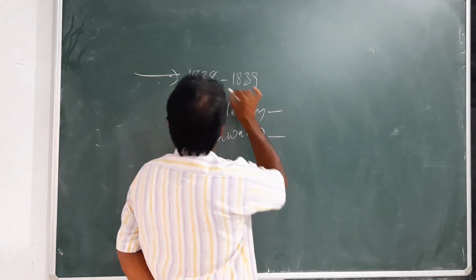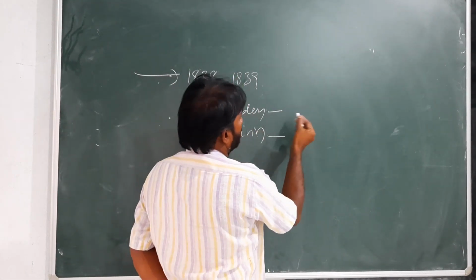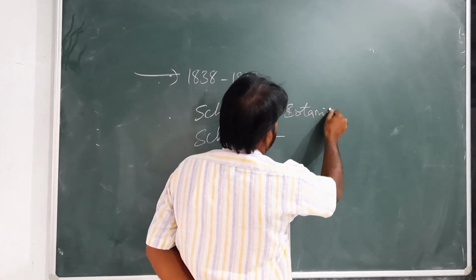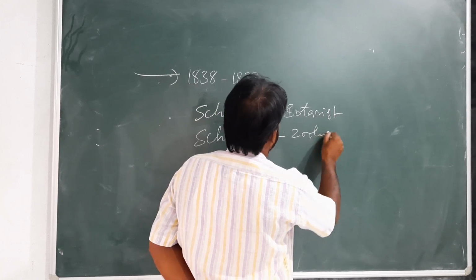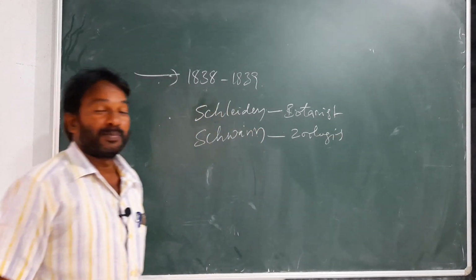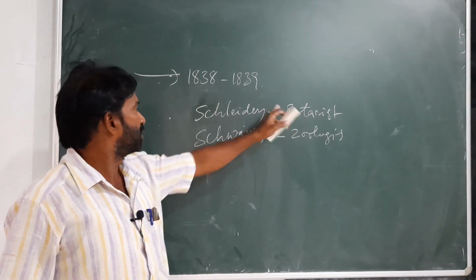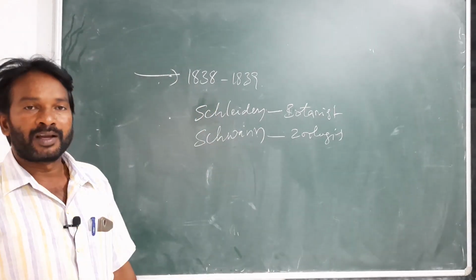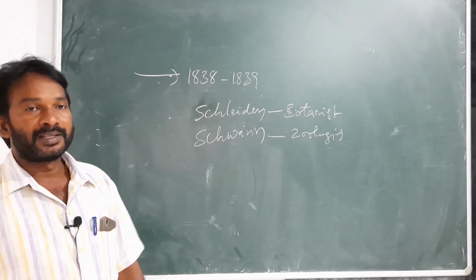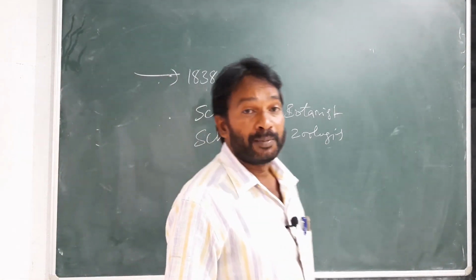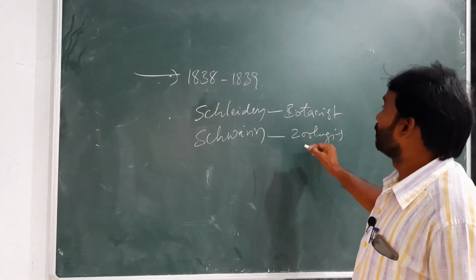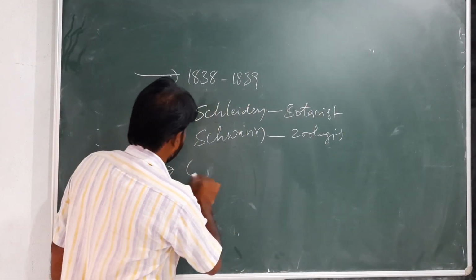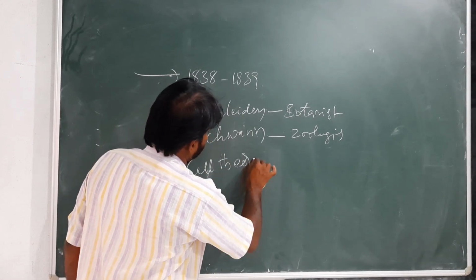Schleiden was a botanist and Schwann was a zoologist. Both observed many cells. Schleiden observed plant cells, and Theodor Schwann observed animal cells, and finally they came to a conclusion and proposed the cell theory.